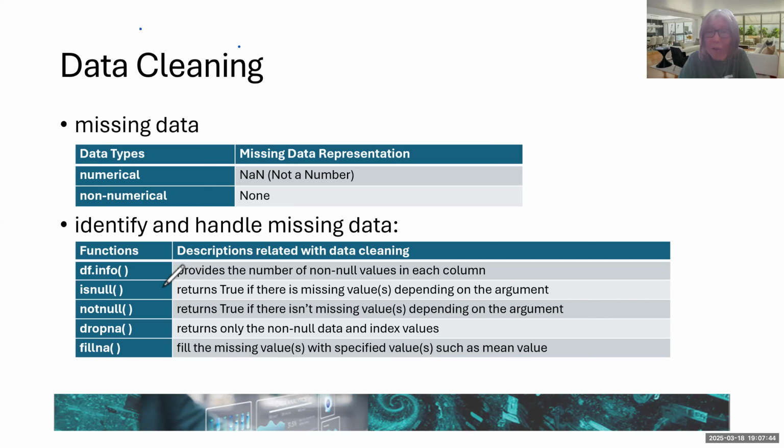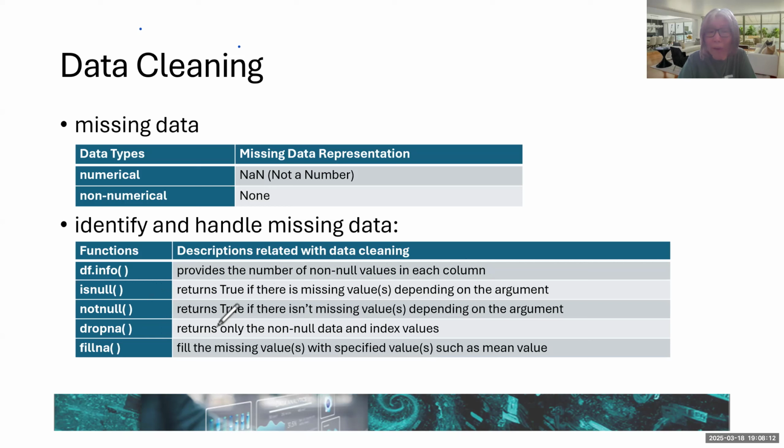isnull, so that function will return true for each cell, like the row and column, if there are missing values. So it depends on the argument, okay. notnull returns true if there aren't missing values, okay. So we can use those to locate where the null values are, okay.